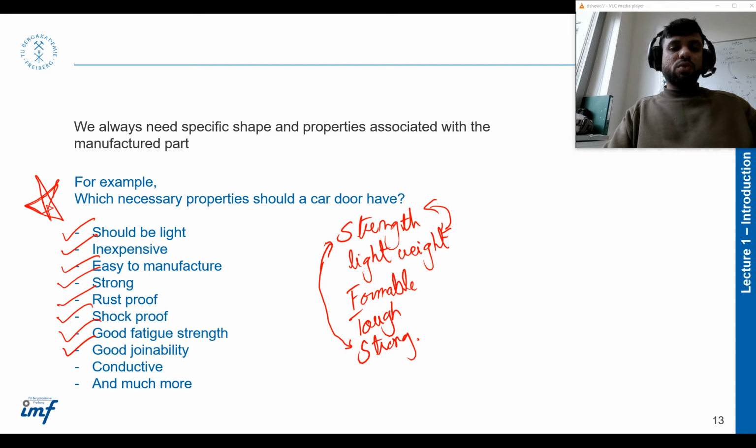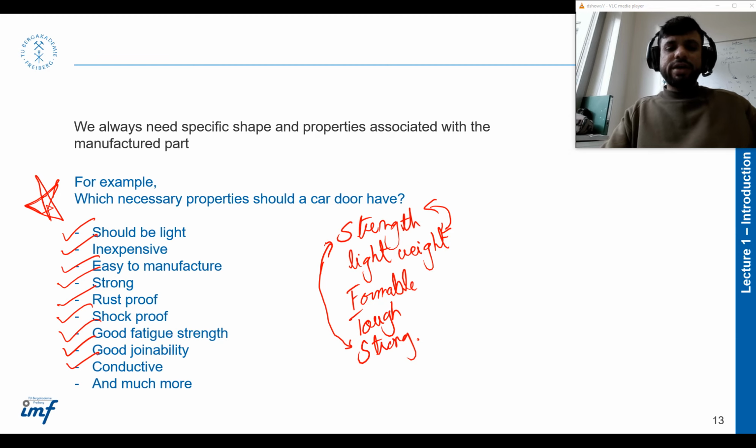We also want the material to have good joinability, so we can manufacture it by welding it or joining it with different components. It should be conductive, because now a lot of electronics is dealing with the conduction of electricity through the car body, and with that we are running some sensors, switches and signals, and so on.